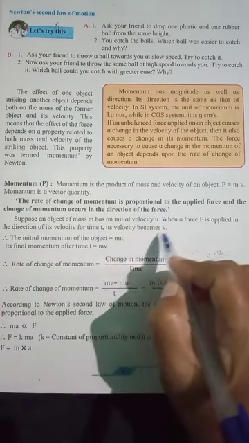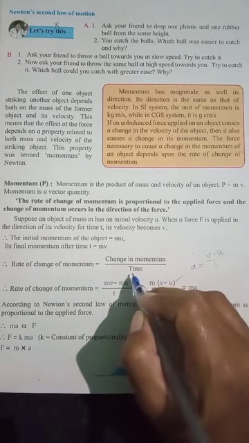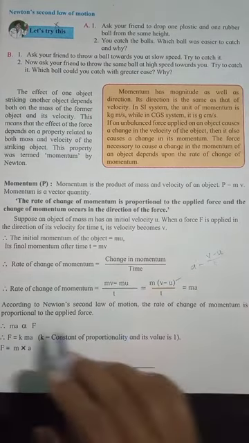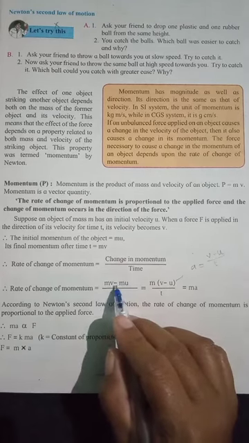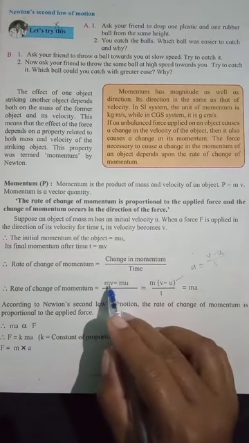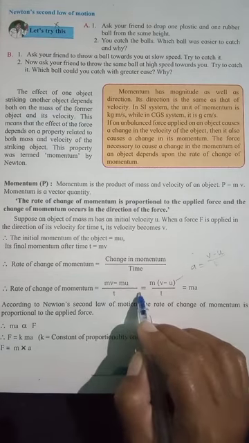Therefore, rate of change of momentum is equal to change in momentum upon time. We can write this as mv minus mu, that is the final momentum minus initial momentum, upon t, which is equal to m(v minus u) upon t.